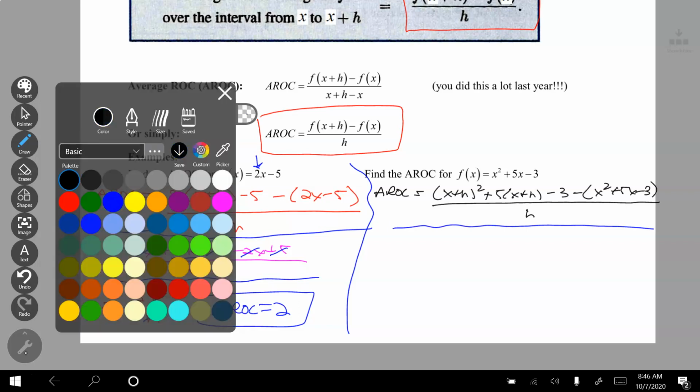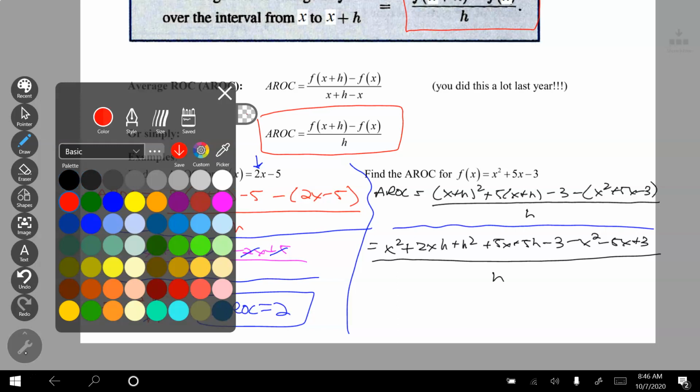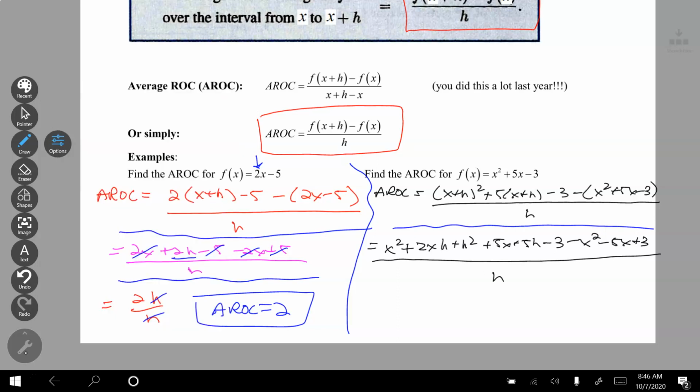And I'm going to expand things out. You better know that x plus h squared is x squared plus 2xh plus h squared. Distribute the 5, subtract the 3, and then distribute the negative sign all over h. My favorite step is canceling everything in the numerator that does not have an h.